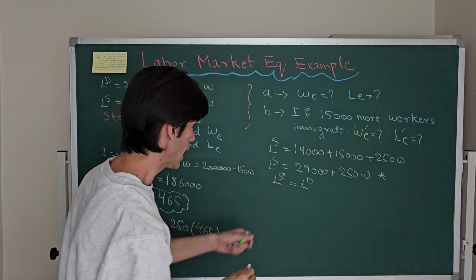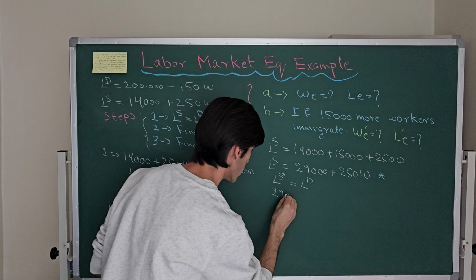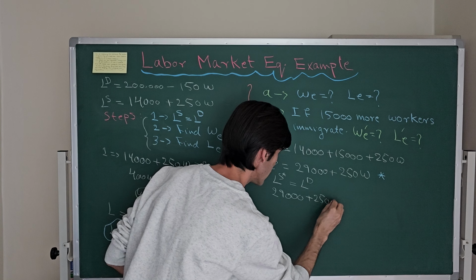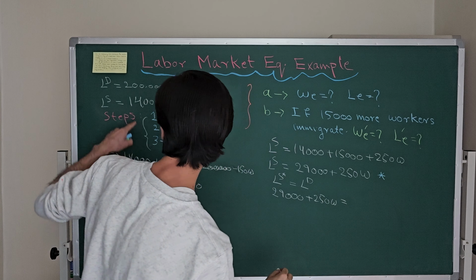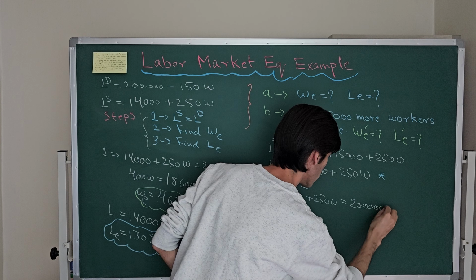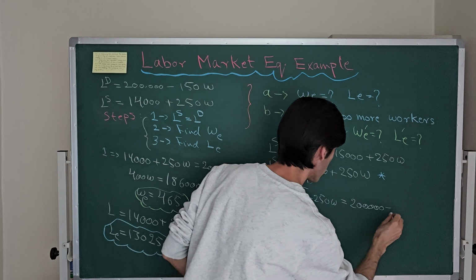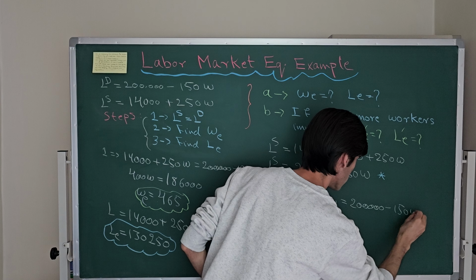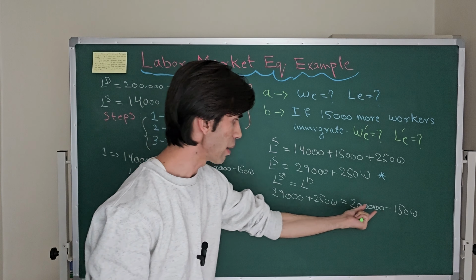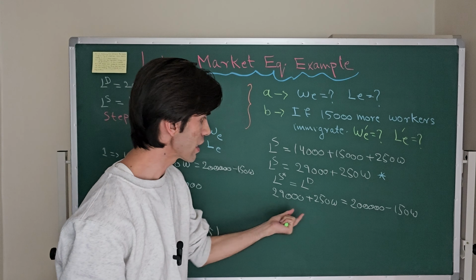LD. So 54,000 plus 250 W should be equal to 200,000 minus 150 W. Again, we will move those expressions with W to one side and the fixed numbers to another side.